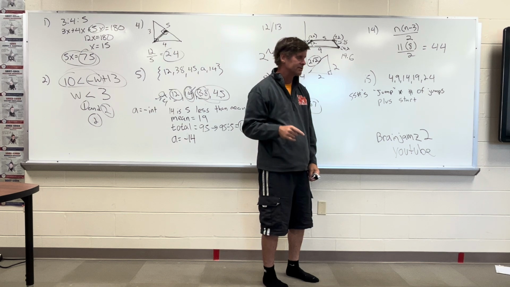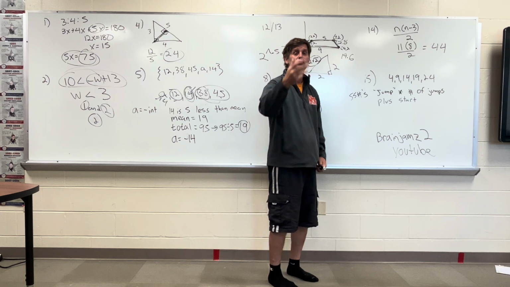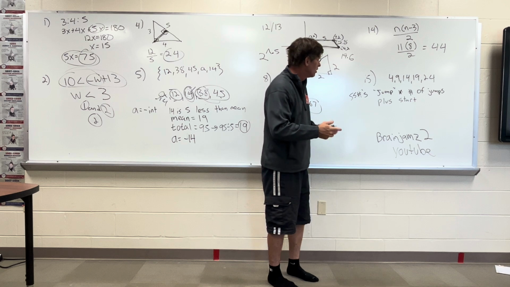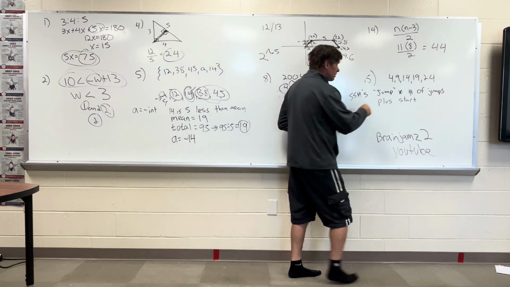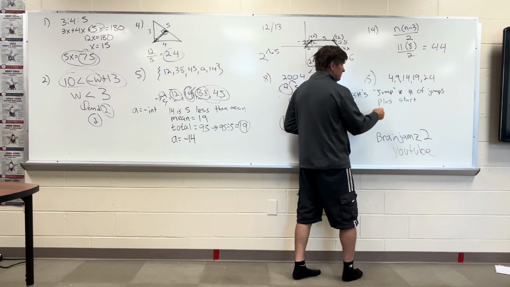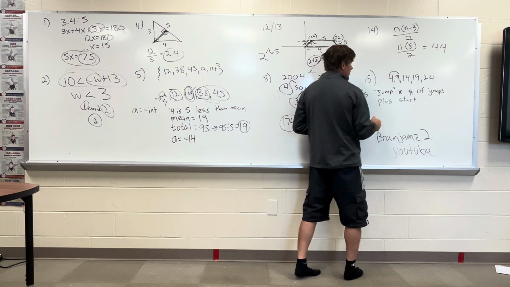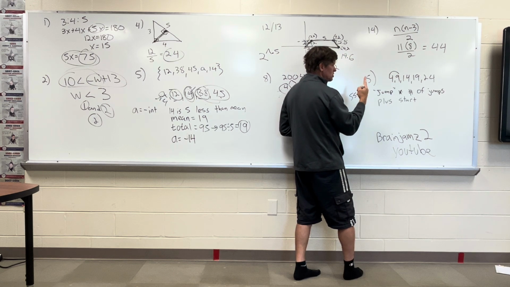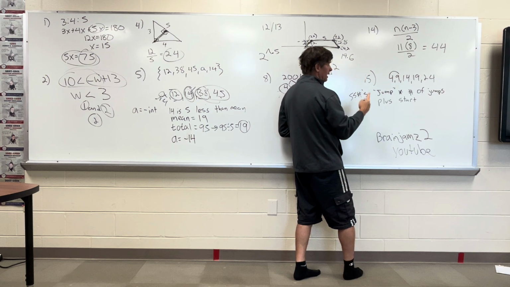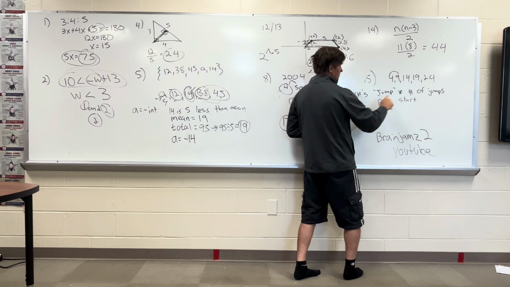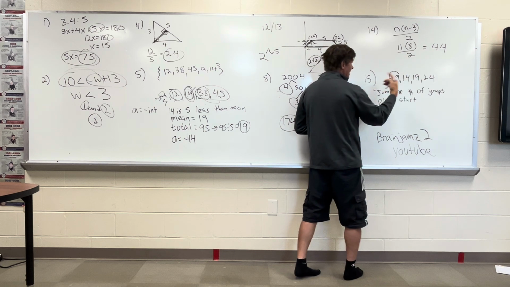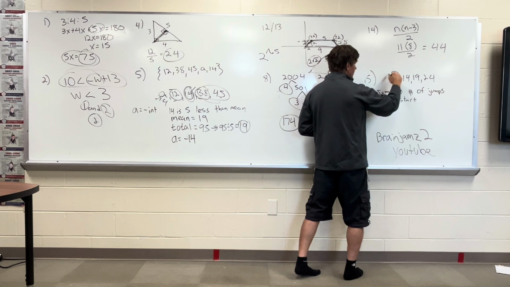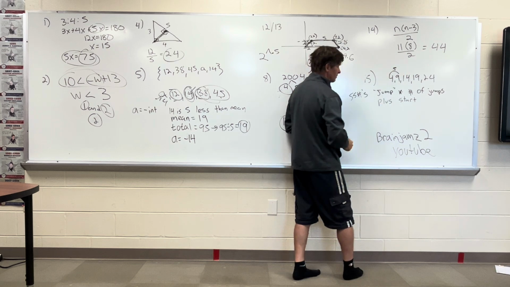Okay, well, think about this. You're going up by 5. You're jumping by 5, right? Well, the second number is one jump from the first. One jump, okay? The number of jumps, one jump, times the distance of the jump, 5, right? 5 is the distance, okay?